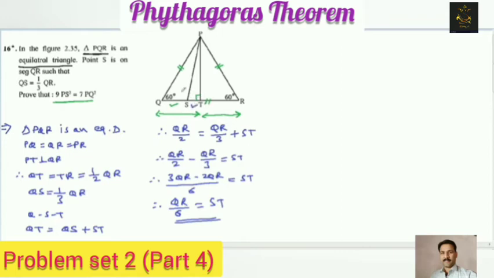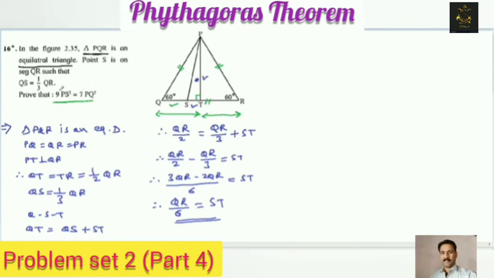After that, we now need to find PT also. In the small triangle we can apply Pythagoras, because after getting PT and ST we can find PS, and by using this PS and ST we can find all this.